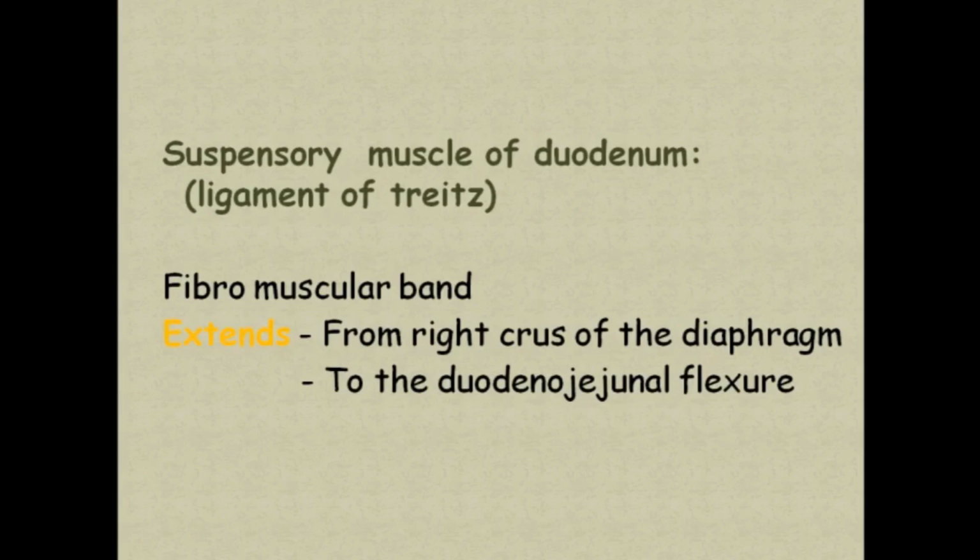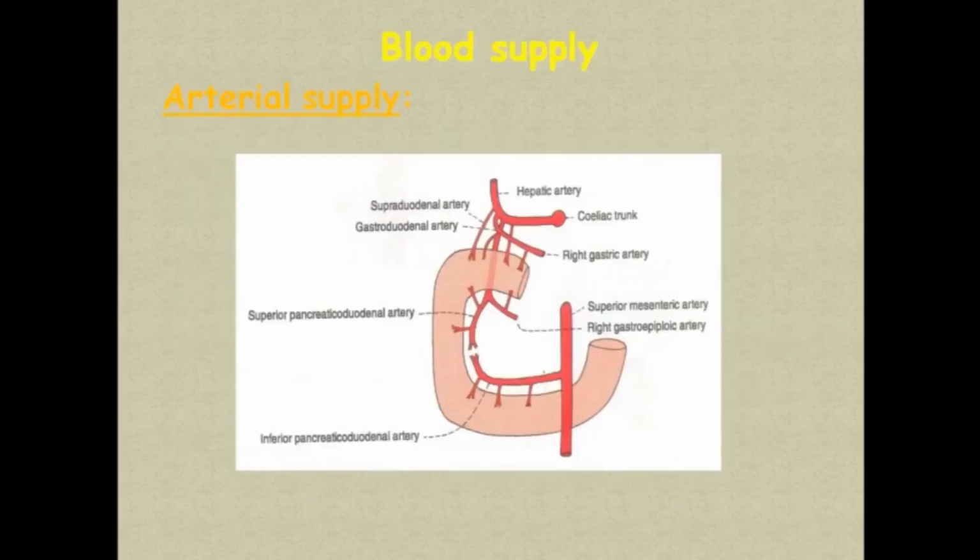It is a fibromuscular band having both fibrous and muscular parts. It extends from the right crus of diaphragm to the duodenojejunal flexure to keep the flexure in proper position. Now talking about blood supply, the duodenum on the whole is supplied by the gastroduodenal branch and also by the superior mesenteric artery.